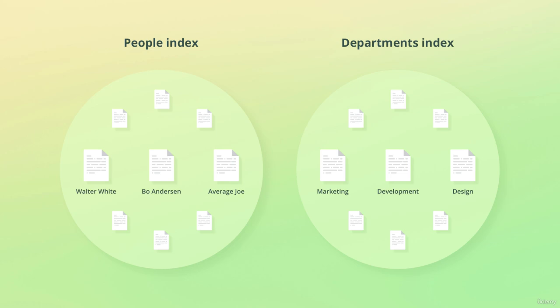For example, the document that you saw a moment ago could be stored within an index named people. We could then have a different index named departments, containing a number of departments, each being stored as a document. An index may contain as many documents as you want, so there's no hard limit. When we get to searching for data, you will see that we specify the index that we want to search for documents, meaning that search queries are actually run against indices.